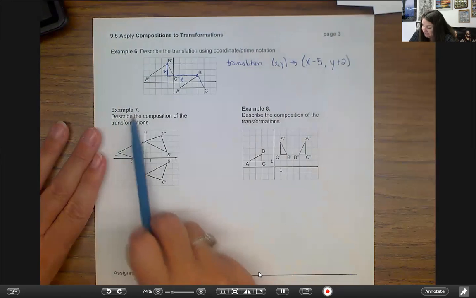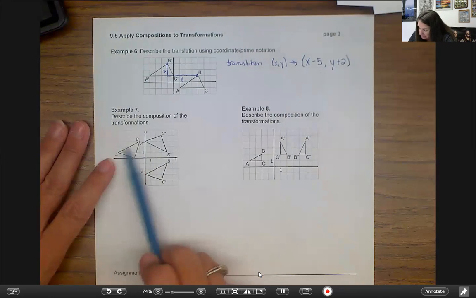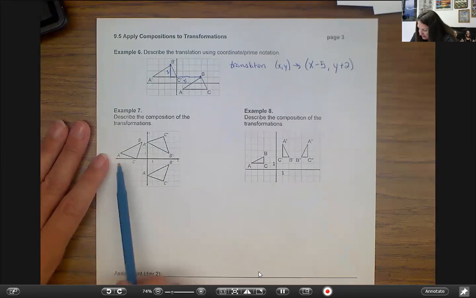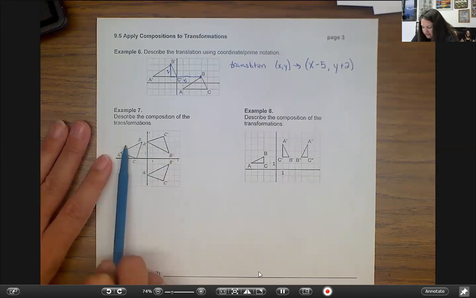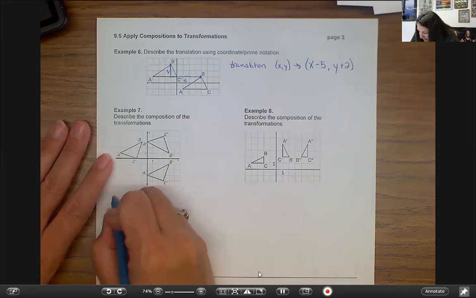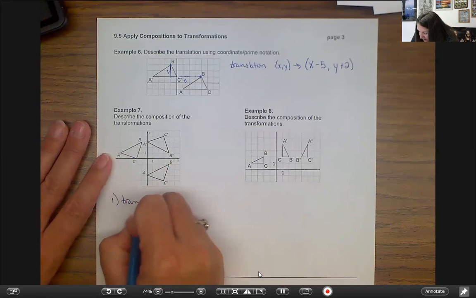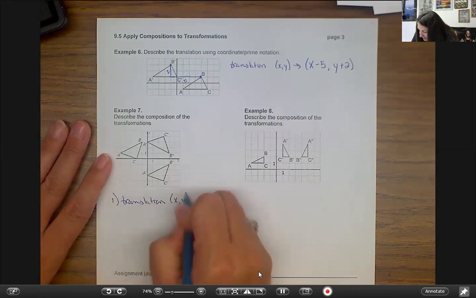Now in 7 and 8, we have compositions because we have more than one occurring. So here's my pre-image ABC. Now this one is moving first to A prime, B prime, C prime. I can see this one's just shifted over. So first I've got my translation happening, and my vertex here, XY.